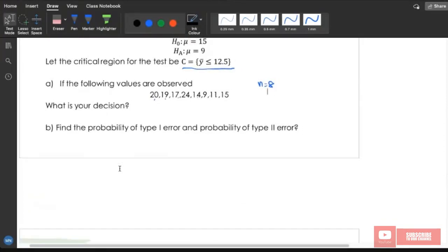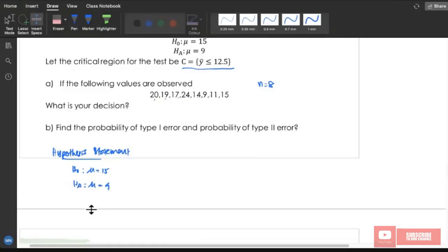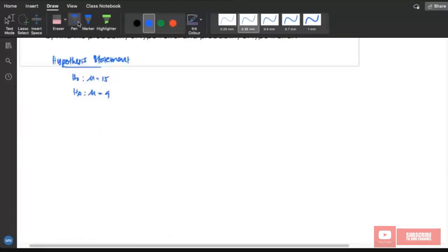Let me put down the hypothesis statement: null hypothesis mu is equal to 15, alternative hypothesis mu is equal to 9. So we will reject, decision criteria.